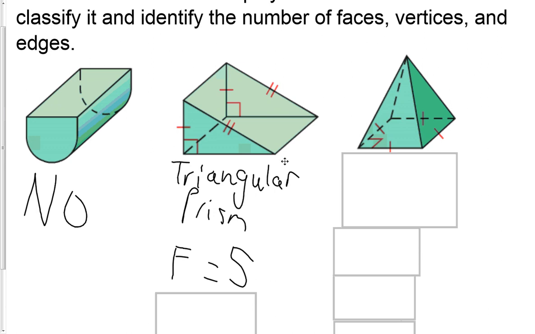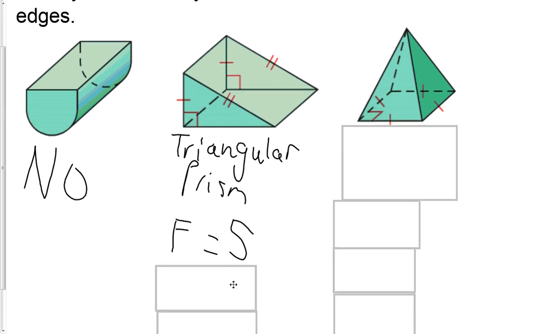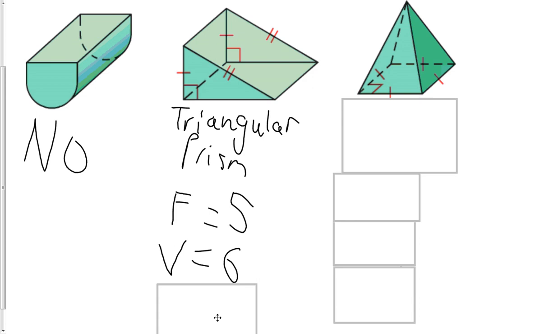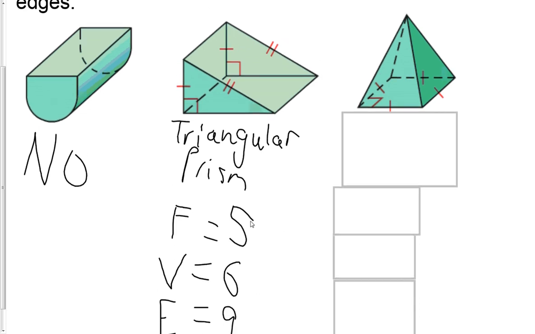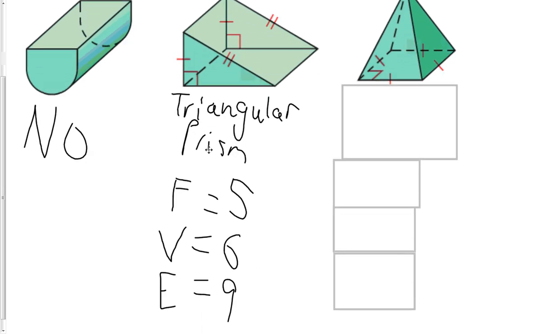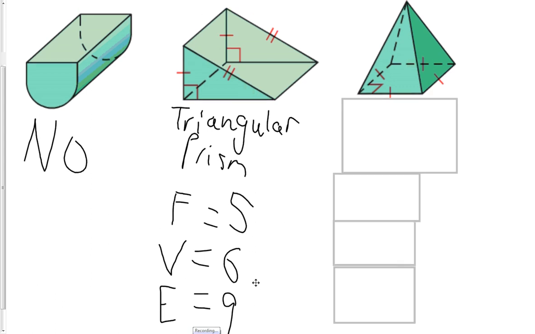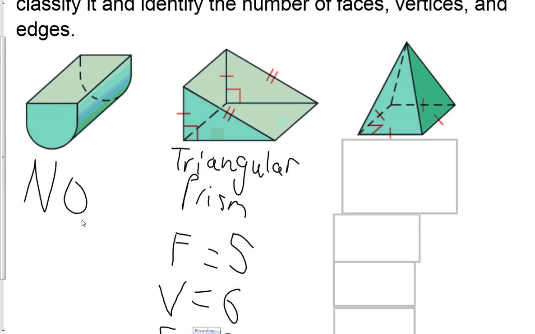Vertices: 1, 2, 3, 4, 5, 6. And then lastly, edges: 1, 2, 3 in the front, 4, 5, 6 between the front and the back, 7, 8, 9. So we got a total of 9 edges. We'll learn a formula in a moment on how these are supposed to be related, so see if you can figure it out before we get there.